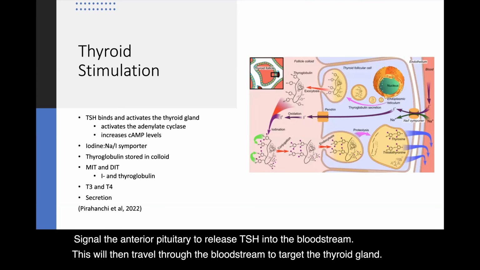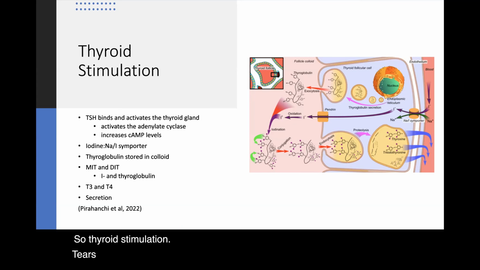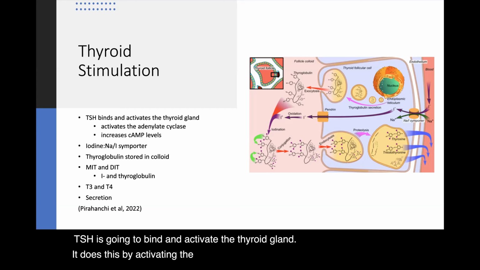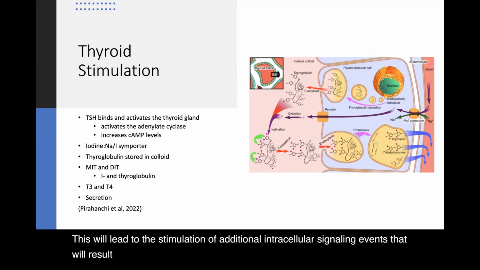So, thyroid stimulation. TSH is going to bind and activate the thyroid gland. It does this by activating the adenylate cyclase, which will increase cAMP levels. This will lead to the stimulation of additional intracellular signaling events that will result in the formation of the thyroid hormone.